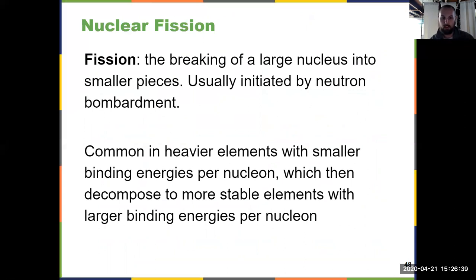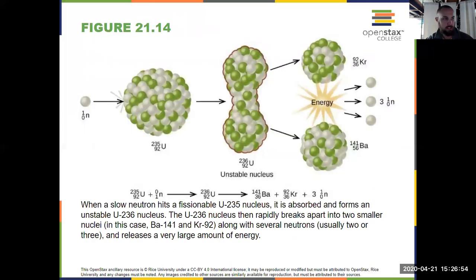So then we add in another neutron, it breaks apart, right? It exceeds the energy there. So it decomposes into more stable elements that have higher binding energies per nucleon and are therefore more stable. What's that look like as a picture, this process of fission? Well, I take my uranium-235 here, hit it with a neutron, and it turns into uranium-236.